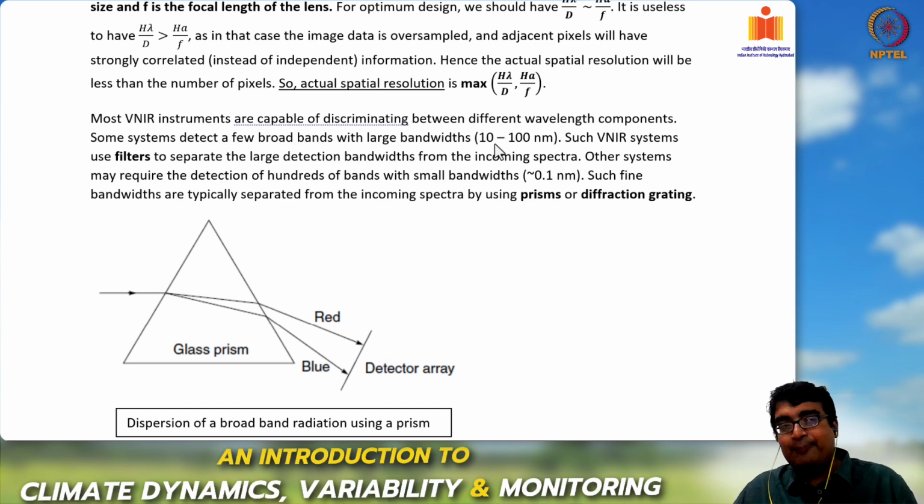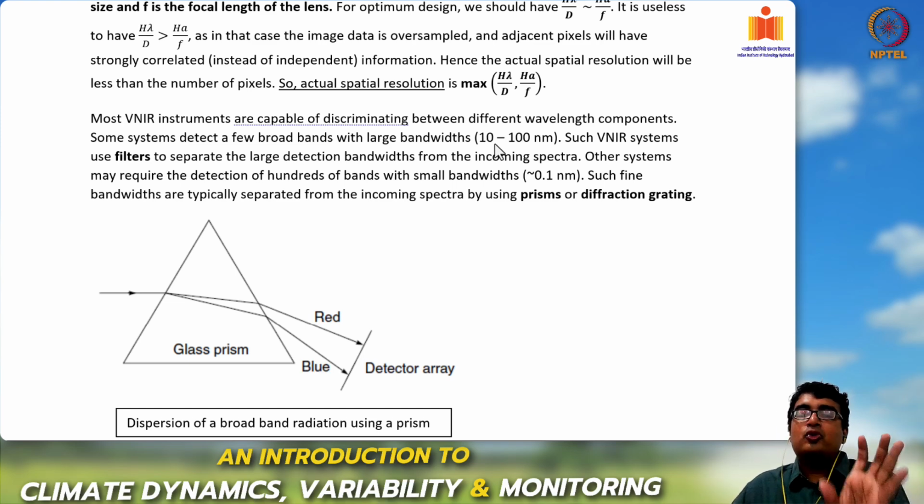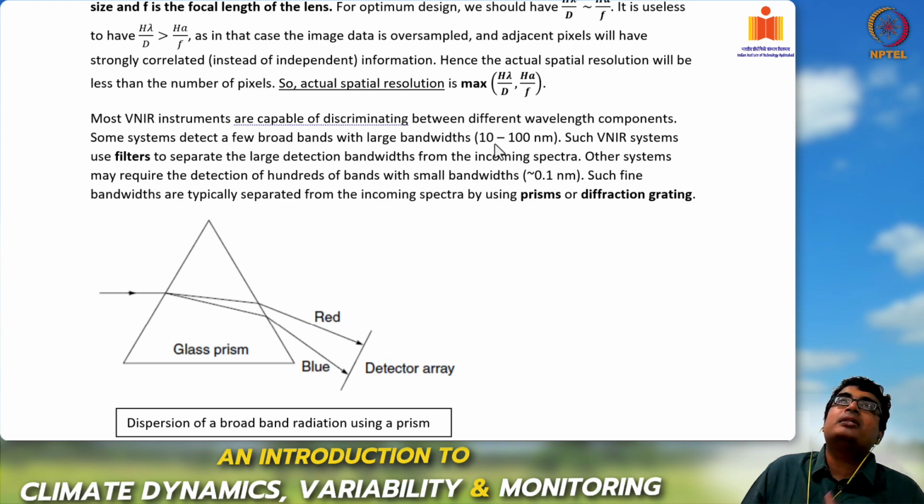Within this acceptable region in which the photodiode or your MOS gets activated, we often wish to choose certain bandwidths. For VNIR imaging, for example, we want certain bandwidths where there is minimum atmospheric interference.